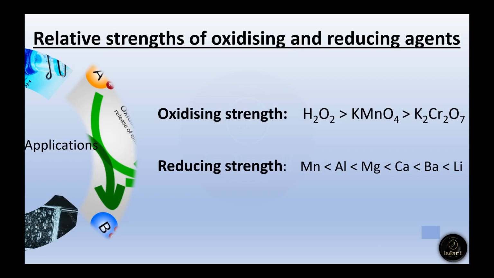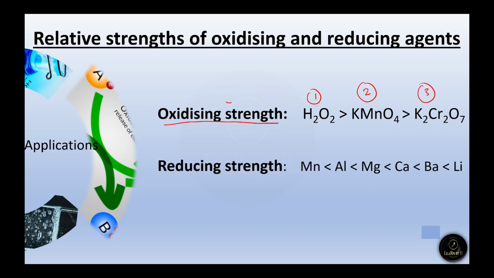We can predict the relative strength of oxidizing and reducing agents by using the electrochemical series. So here it is already given that oxidizing strength is in the order of H2O2 at the first, then KMnO4, then K2Cr2O7.